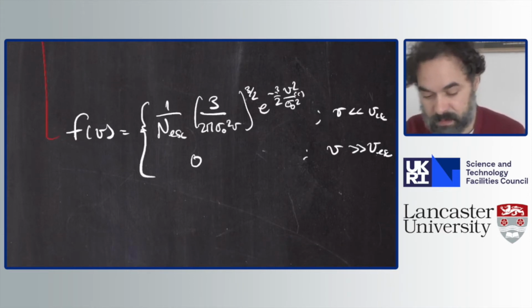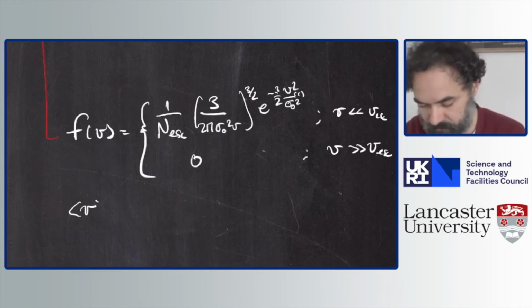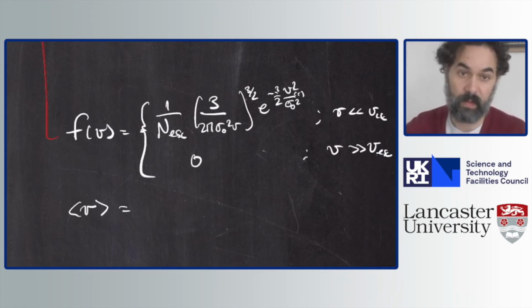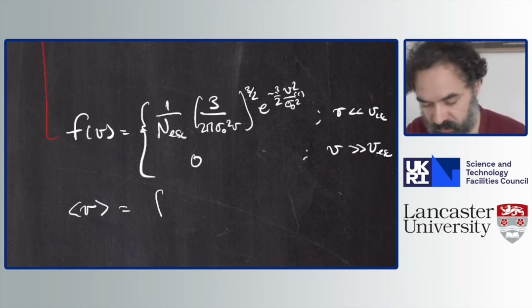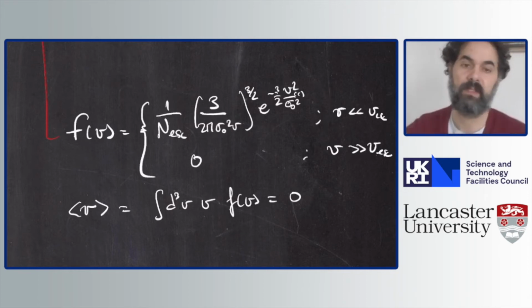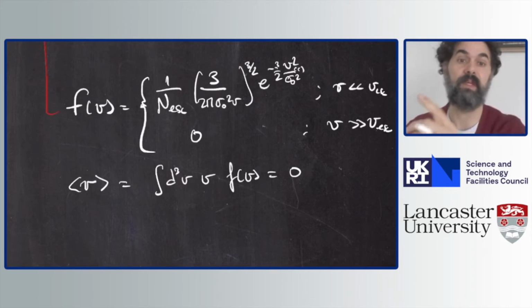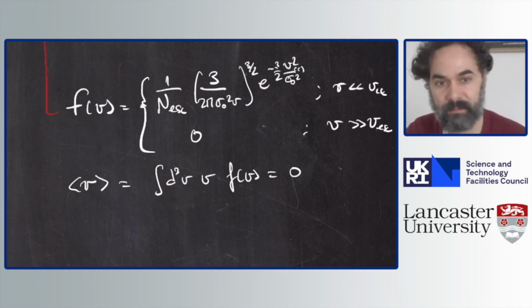So this means that the average velocity, computed in the rest frame where you have derived this distribution function, is 0. You take all the particles, they go in all directions, basically averaging to 0. But the solar system is moving in this frame where particles are averaging to 0.